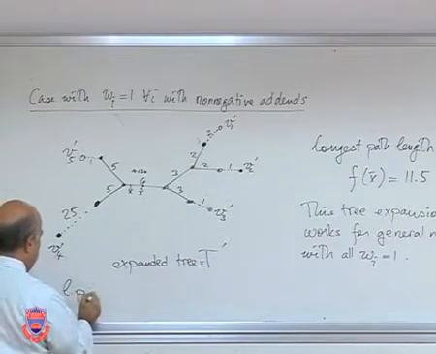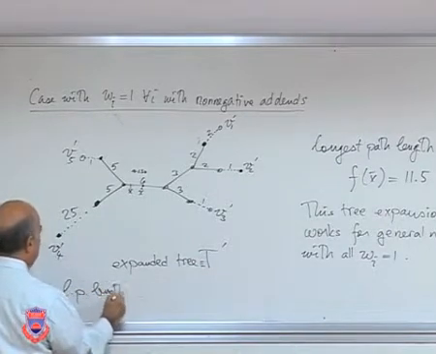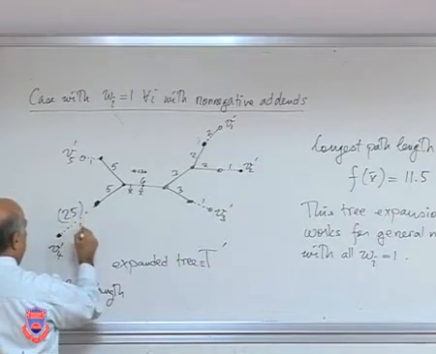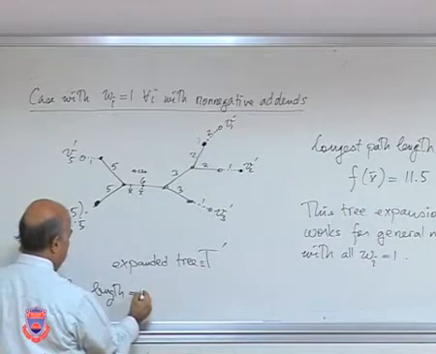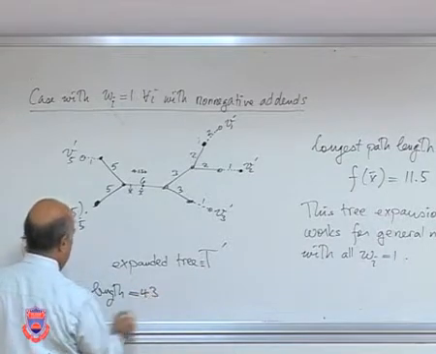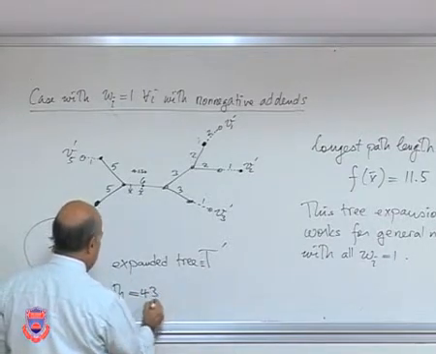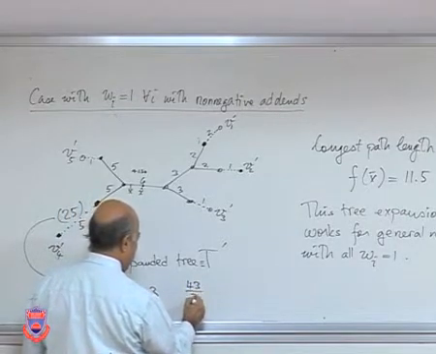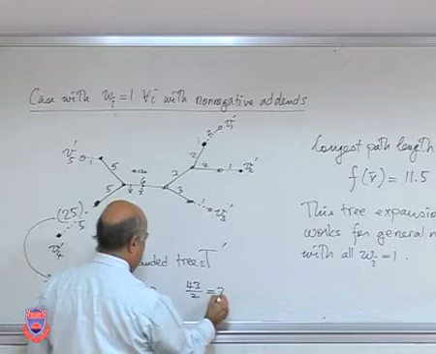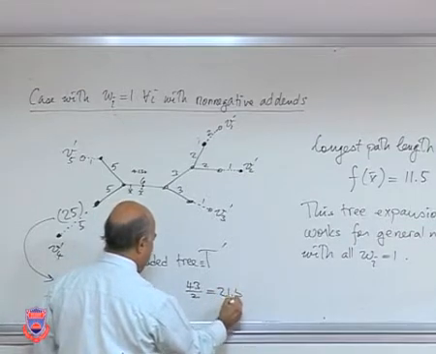Longest path length in this new situation, the old one was 5, is equal to 43. And half of that will give you how much? That's going to be 21 and a half.